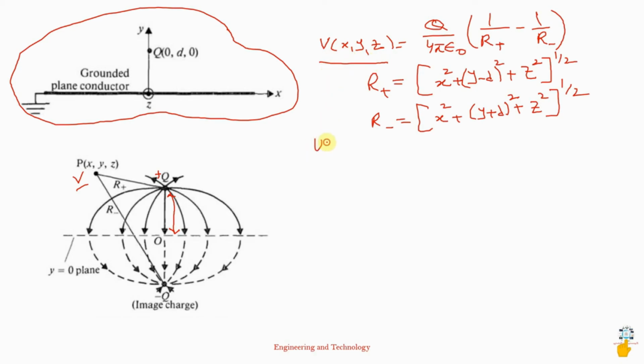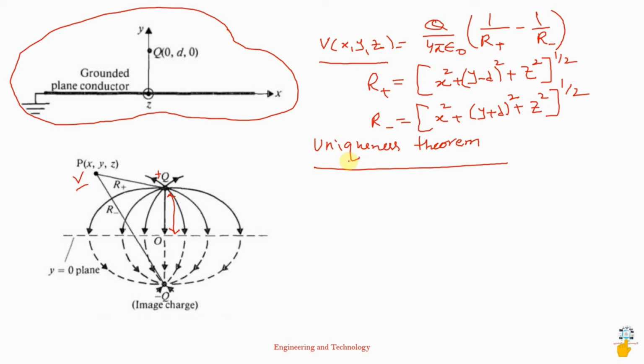So this also satisfies the uniqueness theorem. So it is a unique solution, you can see that. By using this method of images, any difficult problem with boundary conditions to satisfy, where we would have to solve some integration, can be solved easily.